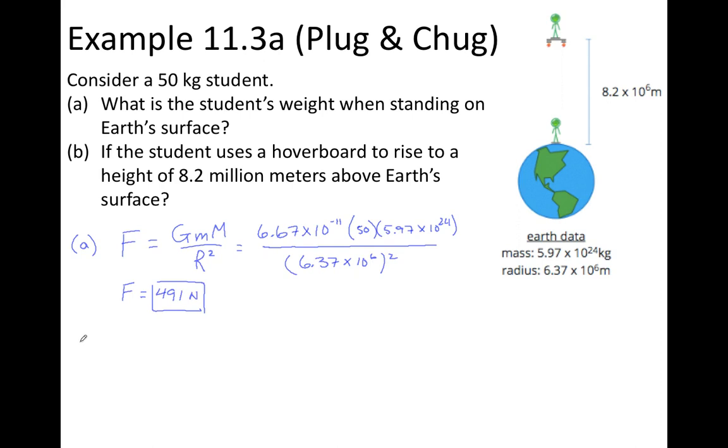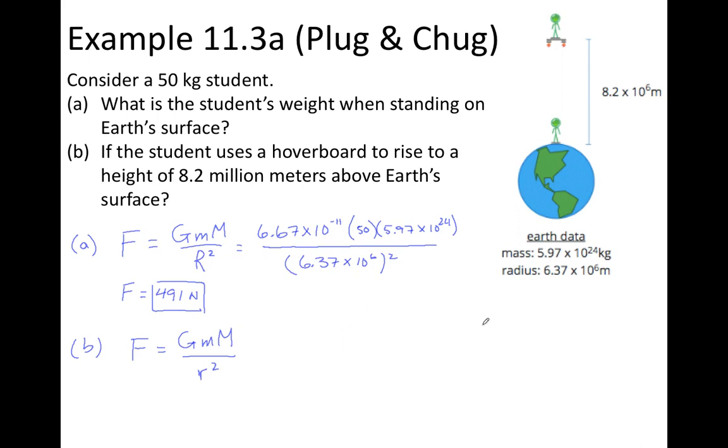Now, for part B, if the student uses a hoverboard to rise to a height of 8.2 million meters above Earth's surface, what is that student's weight? So again, we're going to use Newton's law of universal gravitation, but now the distance to the center of the Earth is no longer going to equal the radius of the Earth, so we're going to switch back to lowercase letter r.